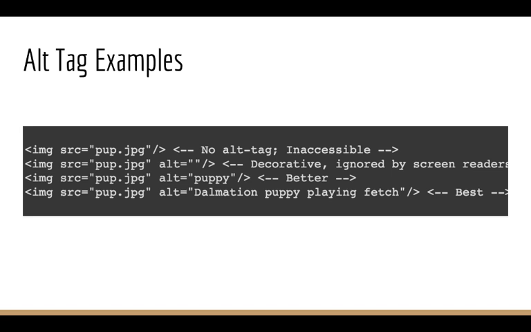The one that has alt equals puppy is a little bit better, but the last one, which is a little bit more descriptive, is the best, because if it's read off, it's clear what that image is. So you don't need to go crazy with super long descriptive alt tags, but just keep that in mind.